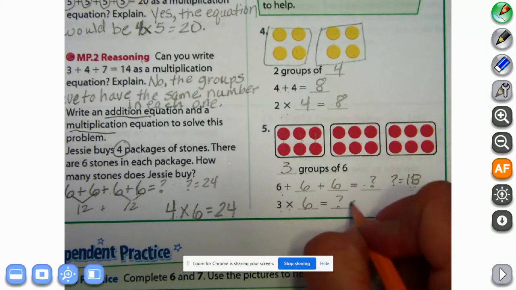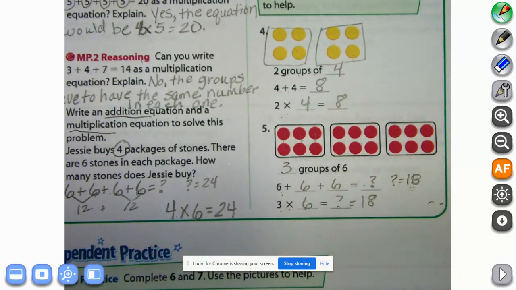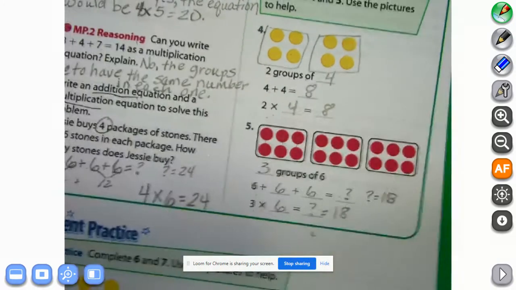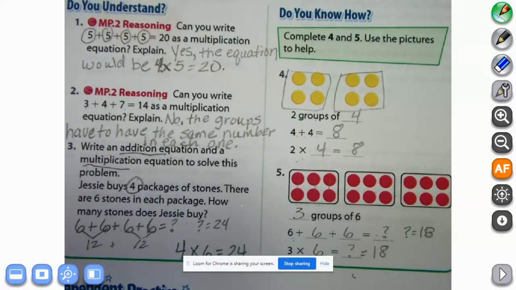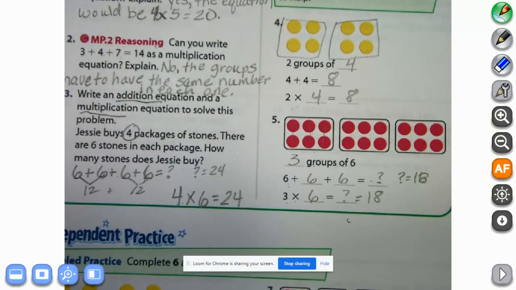And this equals 18. All right, so freeze, make sure you have all of this written down on the top before you move down to the independent practice. As soon as you get it all written down, unpause the video and come back, and we'll be getting started on independent practice.